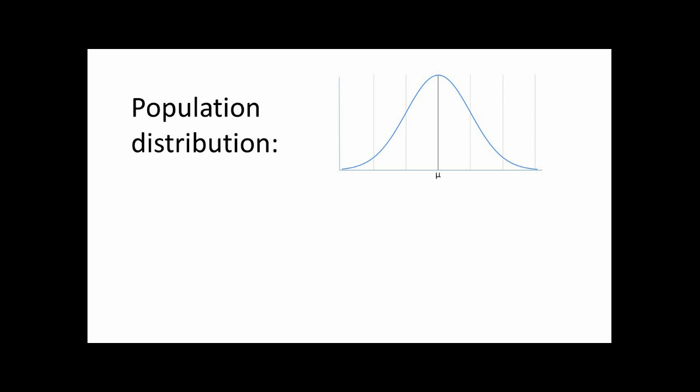Now if I look at that population distribution, there's a region down here which represents the smallest 10% of that population. If I catch one fish, there is a 1 in 10 probability that the fish I catch will be from this region.